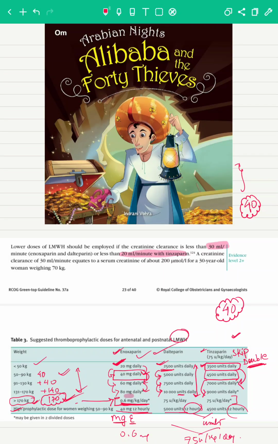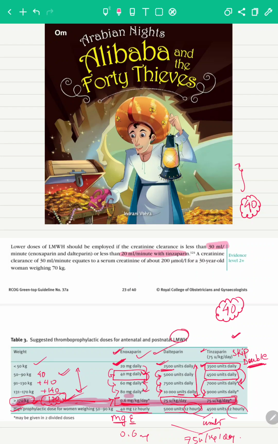We will have to give it according to the weight of the patient, doses calculated according to that specific weight. So 0.6 we have to remember, 75 units per kg per day. This is only for this rare instance where the weight is really very high for those patients.